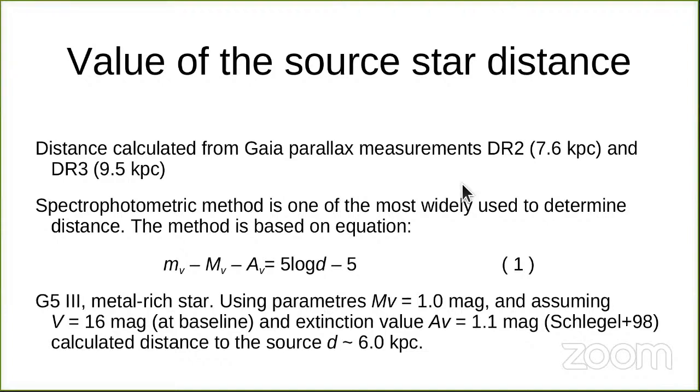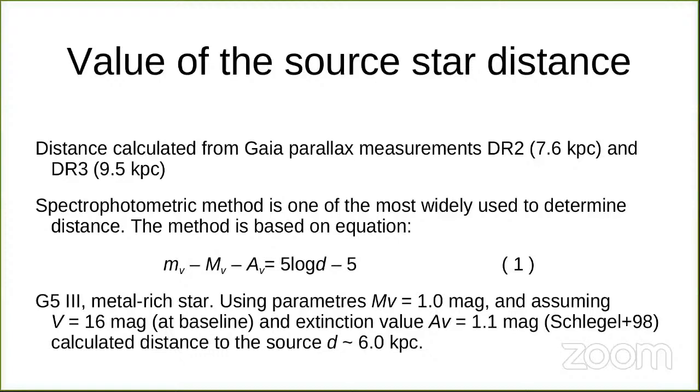Later, in Early Data Release 3, it is already 9.5 kiloparsecs. So probably this value is affected by microlensing more, so that it gives some bad measurements from parallax.